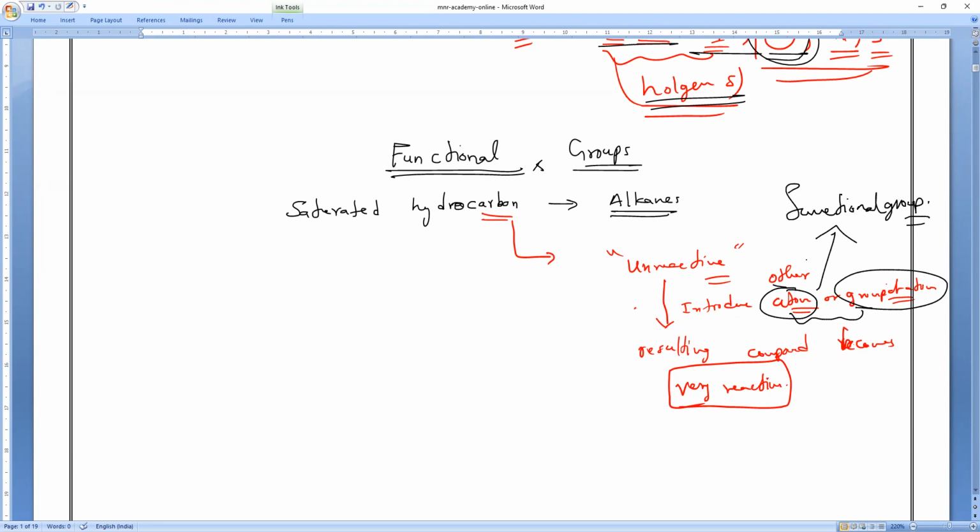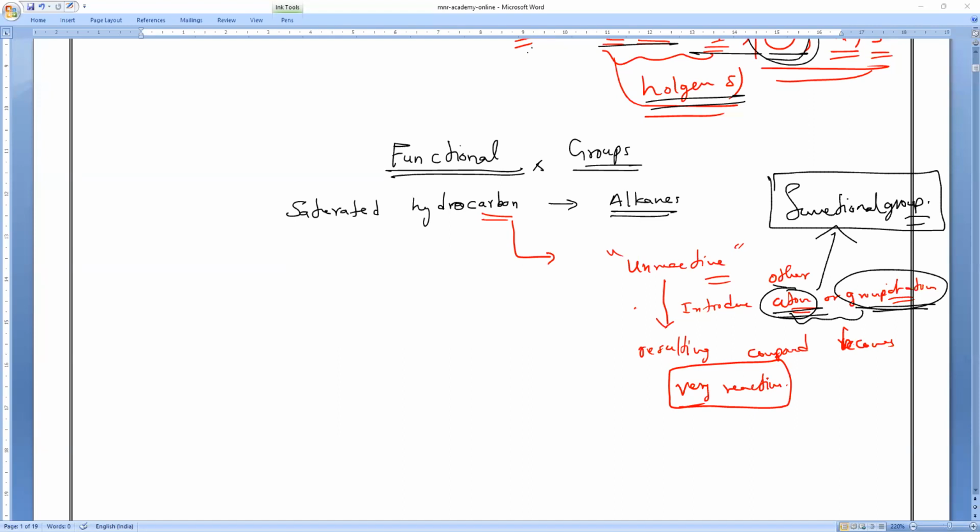Whatever atoms or group of atoms you introduce into the saturated hydrocarbon is called a functional group.